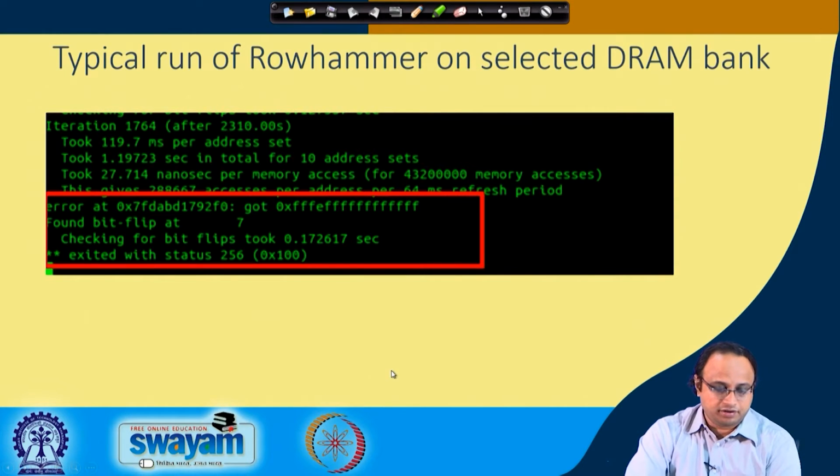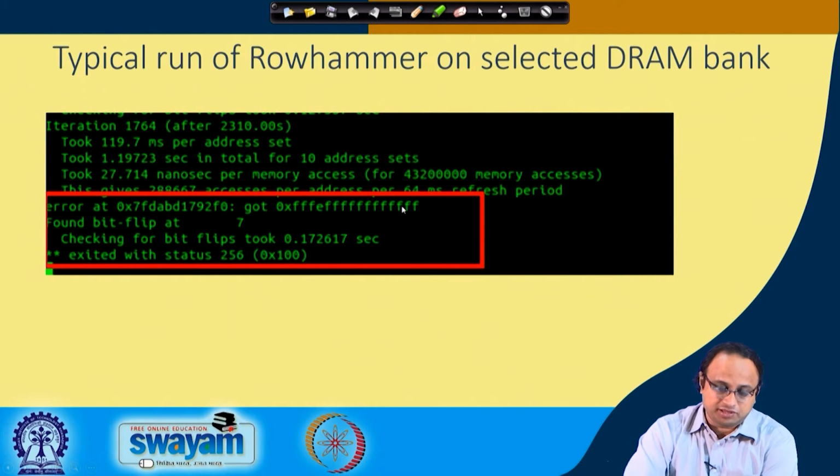Okay, or the error. So after repeated runs, for example, this snapshot says that it took some amount of time, but you can see that there is an error which has been reported in a specific bank. For example, this has been found in bank 7, where there is a bit flip.